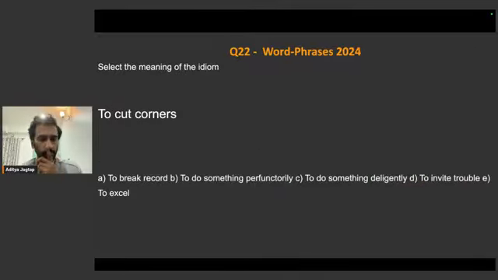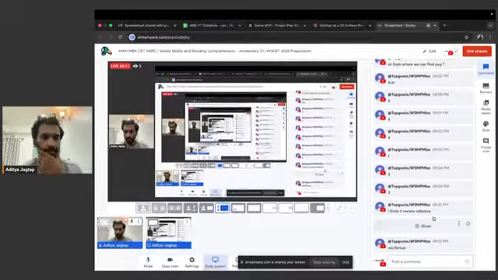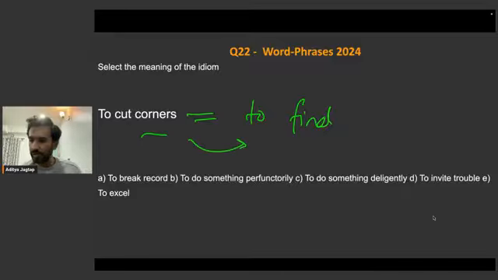To cut corners, what would be to cut corners? This is really easy. We understand this colloquially also, what it means to cut corners. So to cut corners is not to break records, it is to find a shortcut or to look for a shortcut, right?